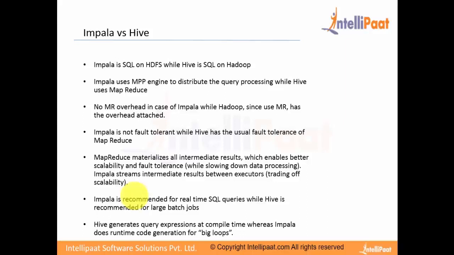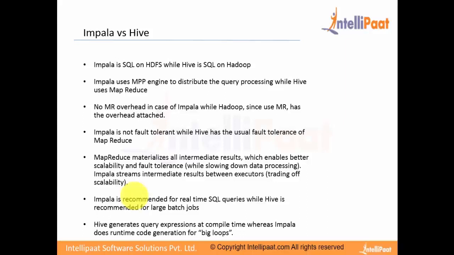On the other hand, Impala is pretty fast with real-time queries because it does not use MapReduce. Hence, it's the best candidate there, and even if my query fails, I can easily restart it without worrying much about the time it is going to consume.